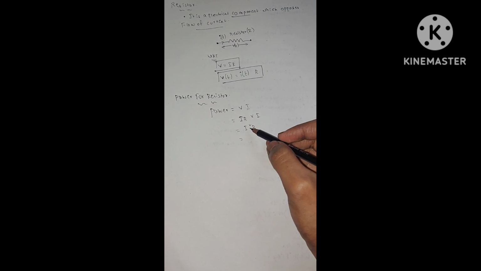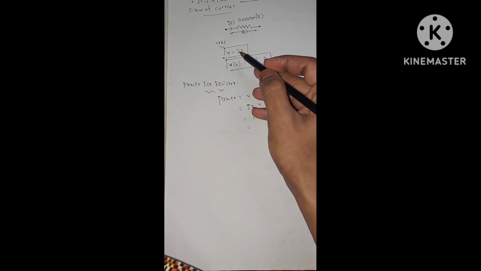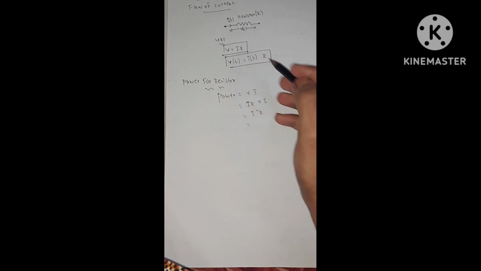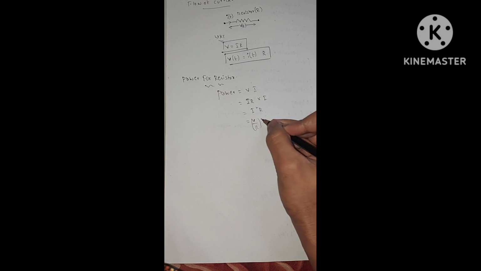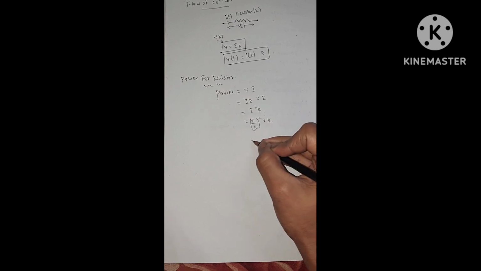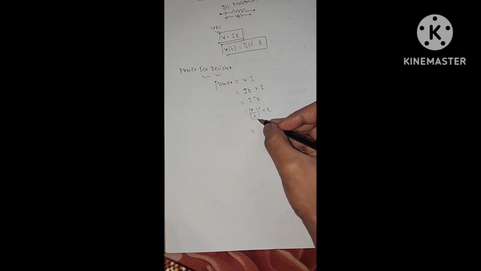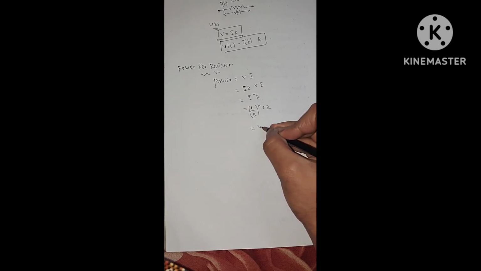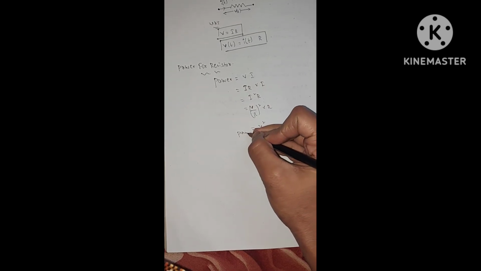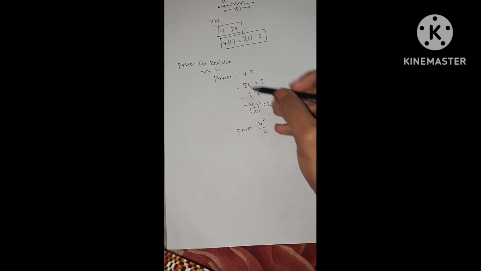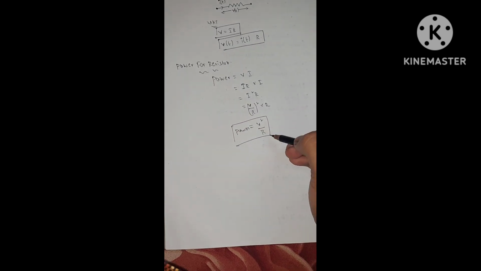We also know I is equal to V by R from Ohm's law. V is equal to IR, so I can be written as V by R, isn't it? So it will be written as (V by R) square into R. This R cancels and one R remains, so the equation becomes V square by R. So we got the equation for power for a resistor, that is P is equal to V square by R.